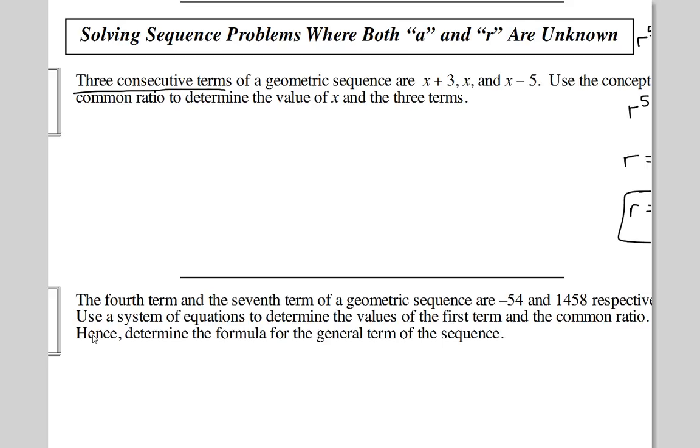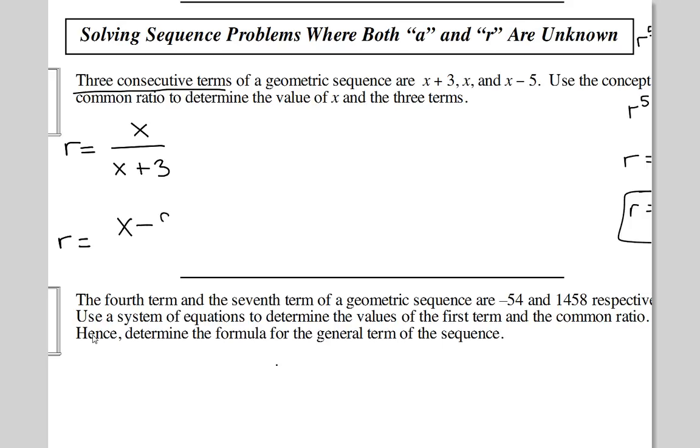So to find R, you take a term and divide it from the previous term. Would that give you R? Is there another way I could find R? No, we can't use slope thing. That's arithmetic only. You have to use another term.